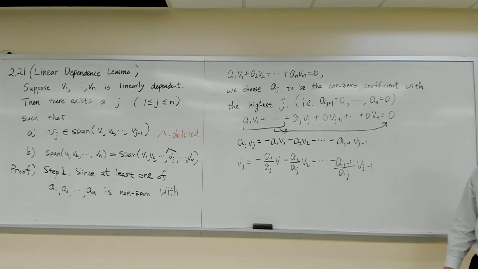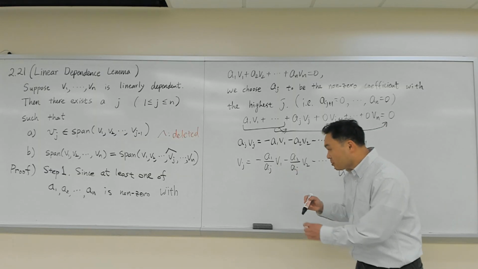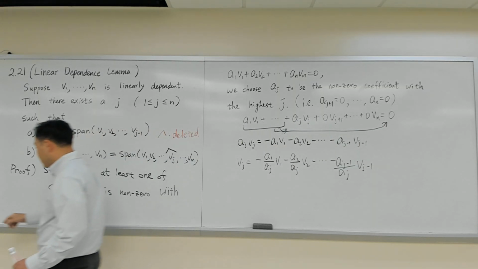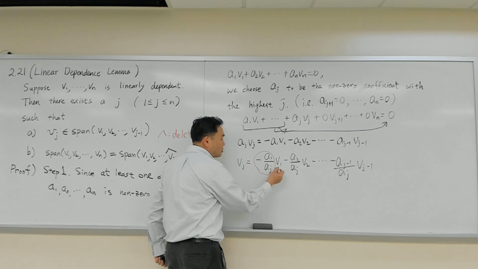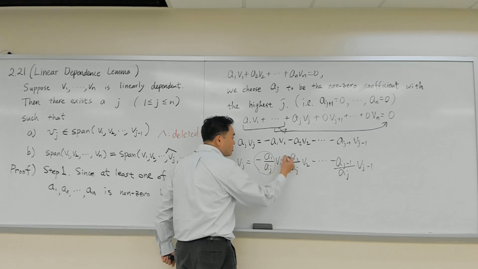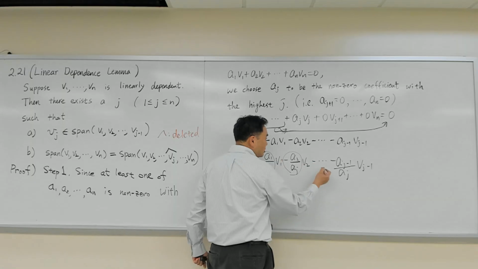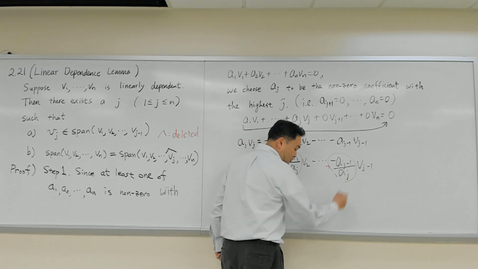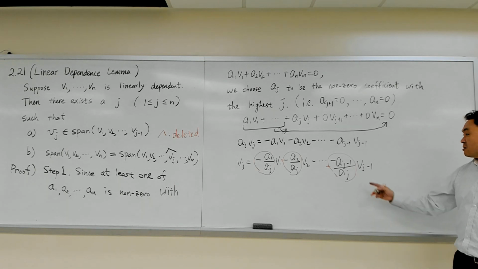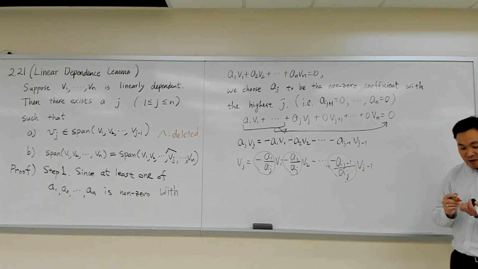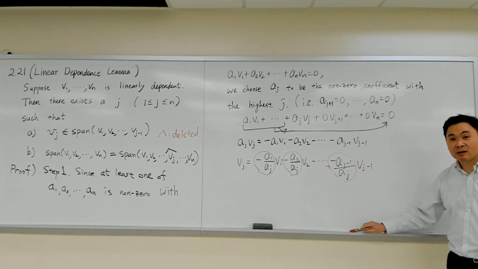But now look at this. This is some number times v1 plus another number times v2 plus another number times vj minus 1. And these are the elements that are in the span, right?